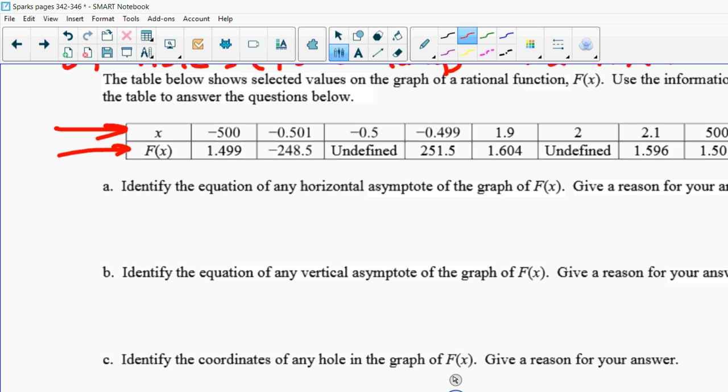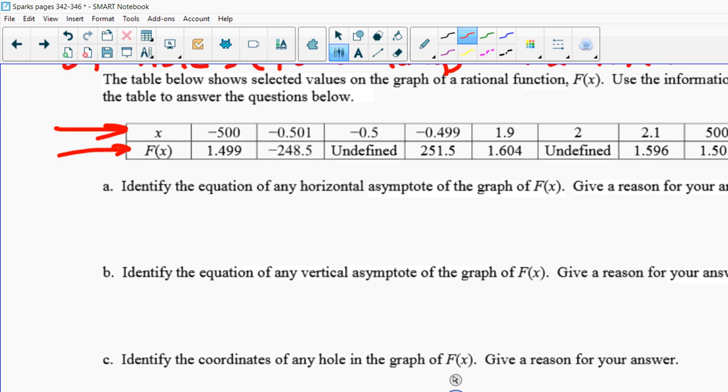Where do we have problems? Why do we have problems when x equals -1/2 or 2? Because the y value is undefined. Wait a minute. What causes an undefined y value?